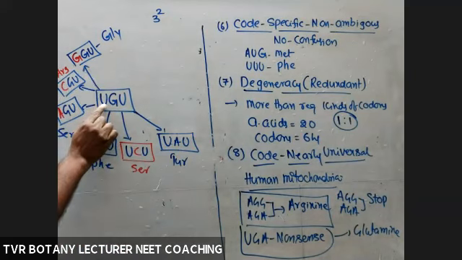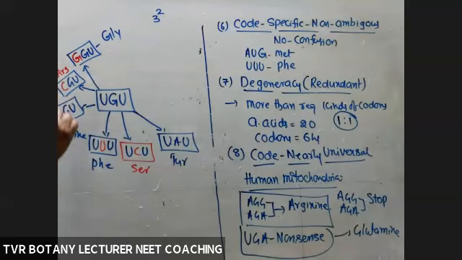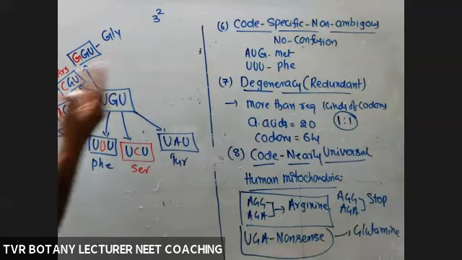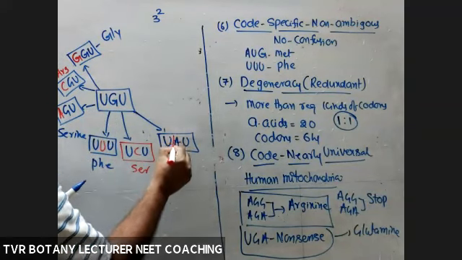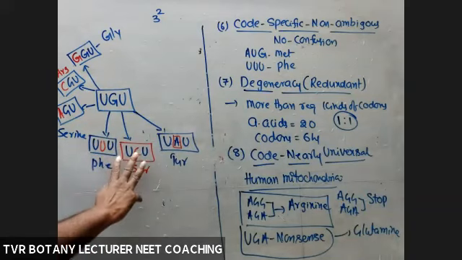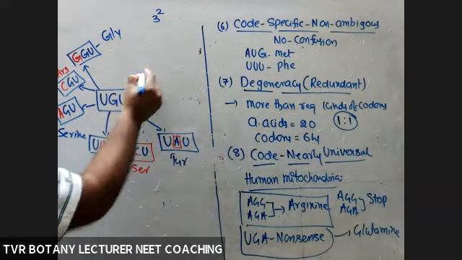Here the middle nucleotide is replaced by uracil, cytidylic acid, and A, three times. So three created, and three plus three.